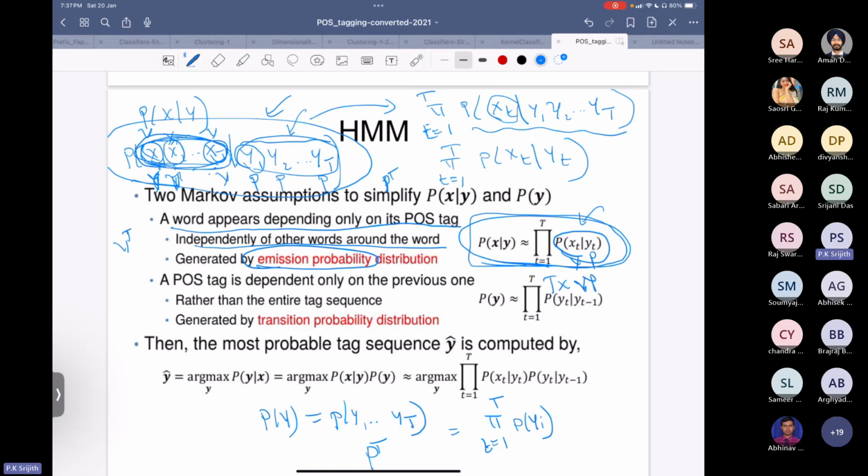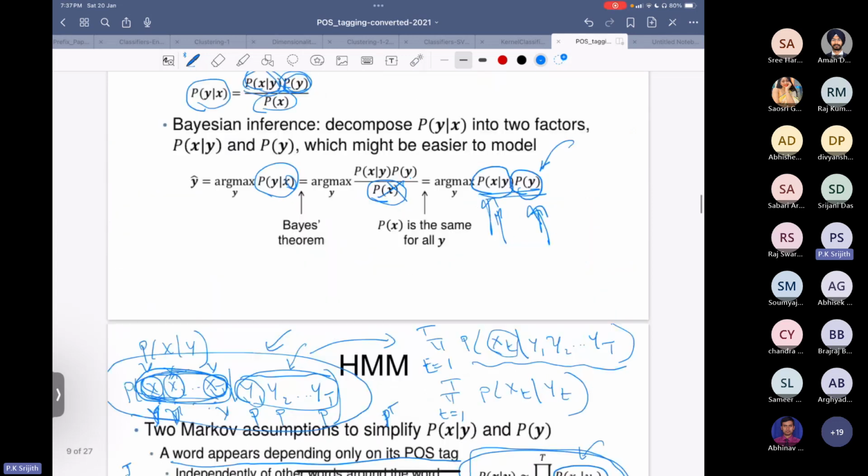But if I make this kind of simplifying assumption, my final model, if I look at p of x given y into p of y, is going to be the product over t equal to 1 to t of p of xt given yt into p of yt.